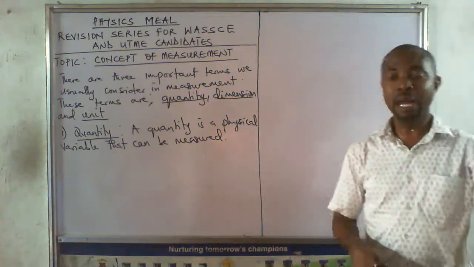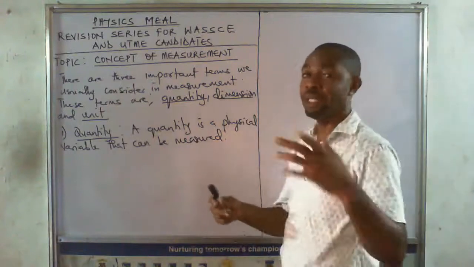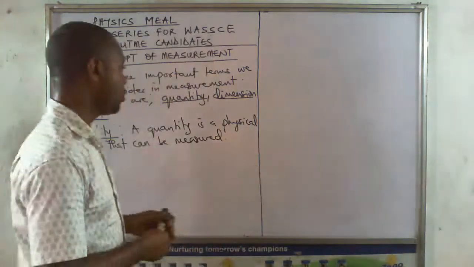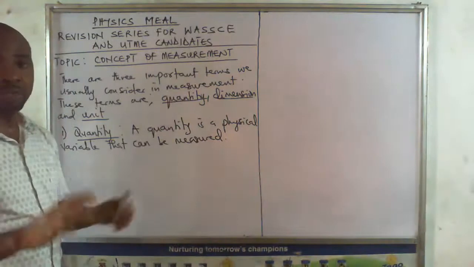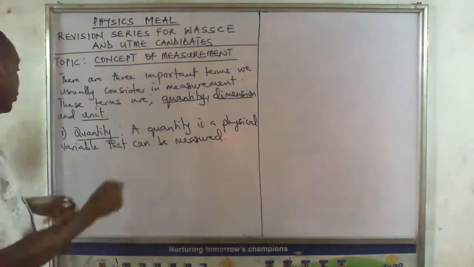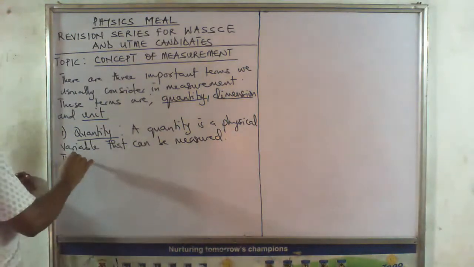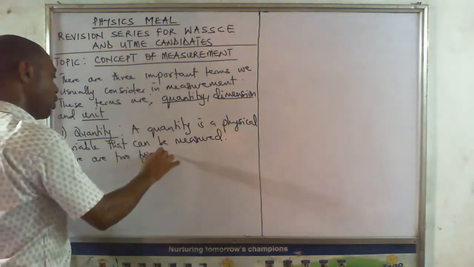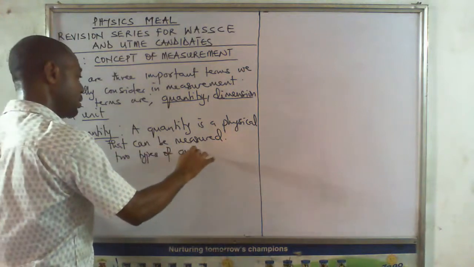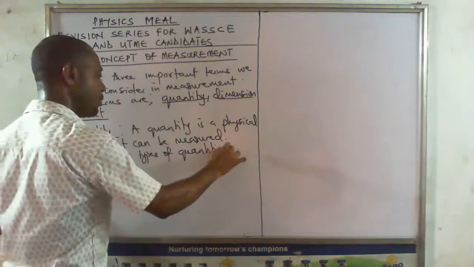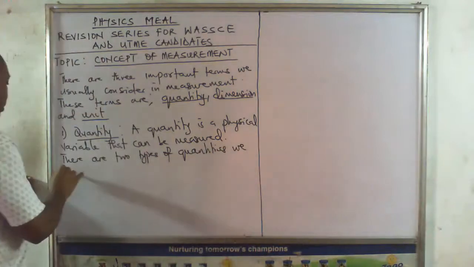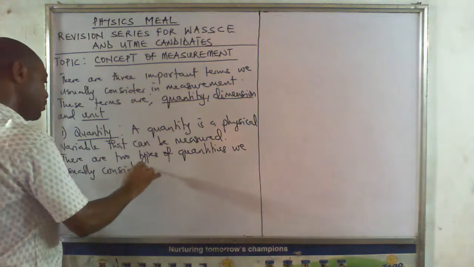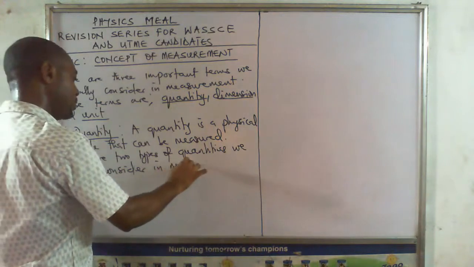Now quantities are many, but in terms of measurement, there are two types of quantities that we usually look at as far as measurement is concerned. So there are two types of quantities we usually consider in measurement.